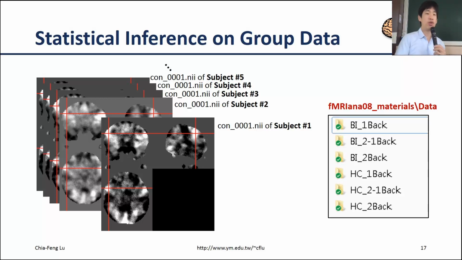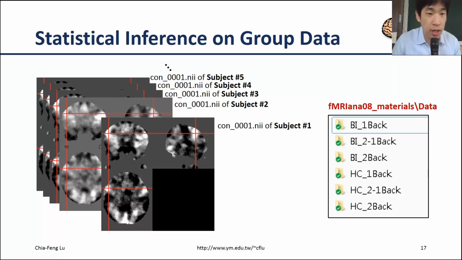And if you have several different participants or subjects right here, for example, 5 different subjects, then for the same situation, this is the activation map for the first subject, for the 1 back session, then you may have this one, okay? And then for the second subject, for the same 1 back session and the same contrast design, you will have the same file name right here, okay? So actually, you can have so many different contrast map files right here for different subjects.